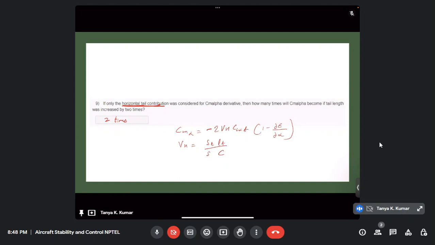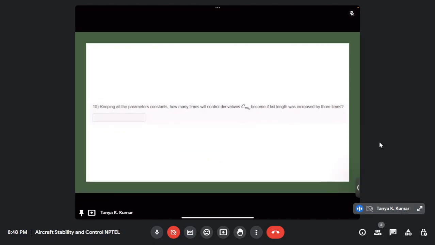Okay. Next question. Keeping all the parameters constant, how many times will control derivative Cm delta E become if tail length was increased by 3 times? Again, take the formula for Cm delta E was what? Minus eta Vh tau, and what else was this? Cl alpha tail. Does the tail length feature in this equation? Just like the previous questions, just look at it, tell me.